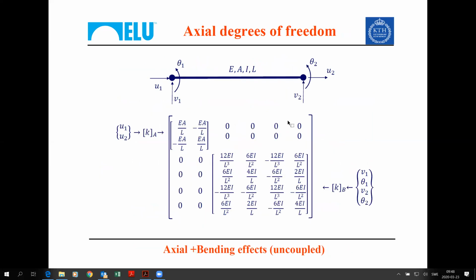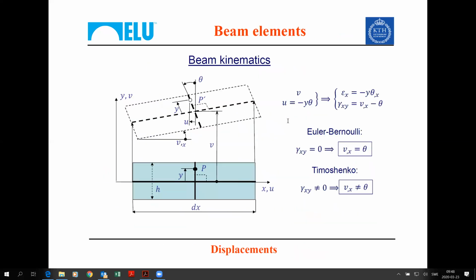Now, as we've seen in the previous slide, if these are the two strain components for a beam element, epsilon x and gamma xy, Euler-Bernoulli meant gamma xy equal to 0, that is dv dx equal to theta.